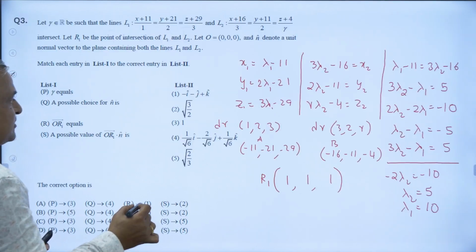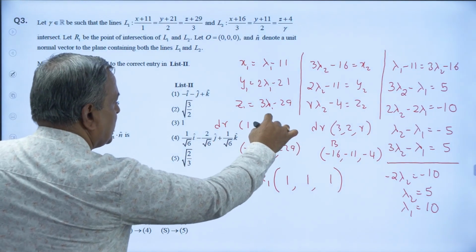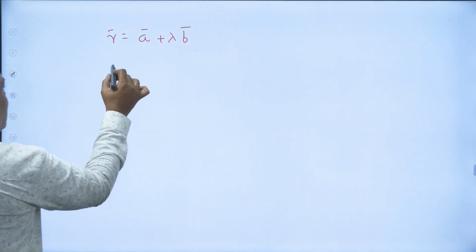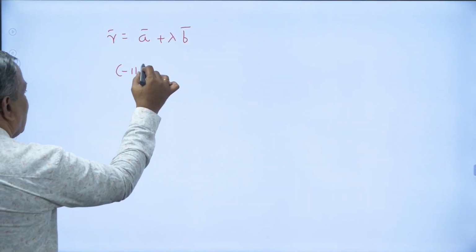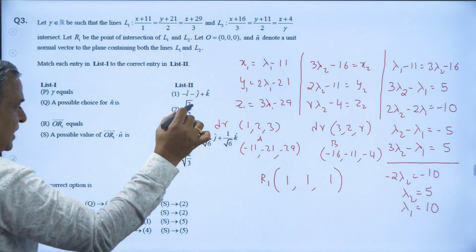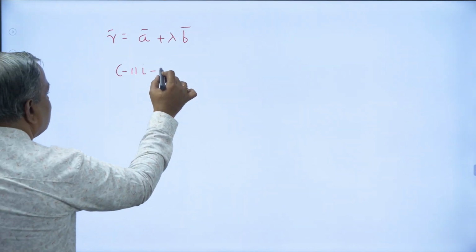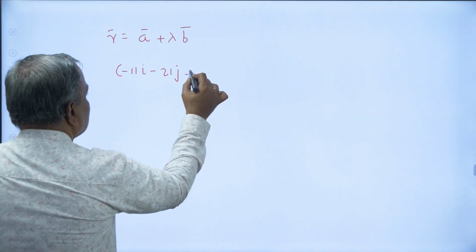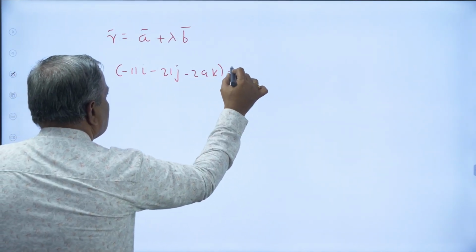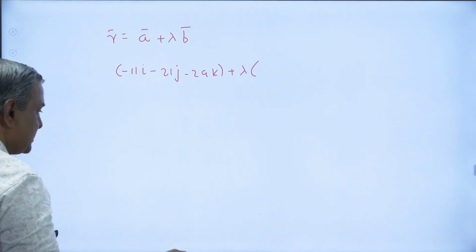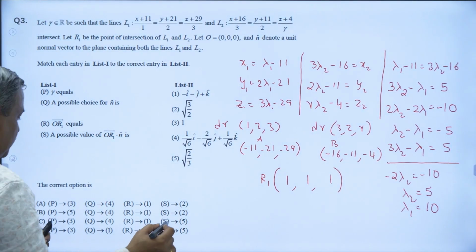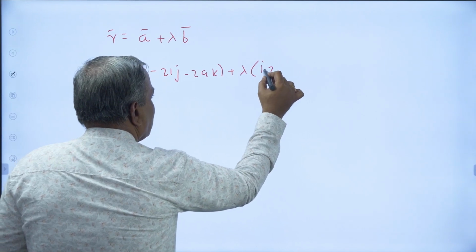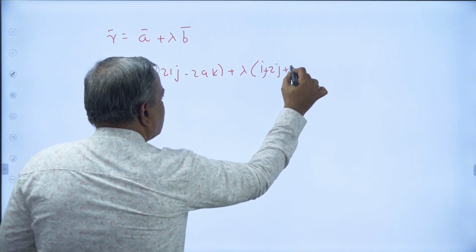According to that, that's the reason we wrote the points also: minus 11, minus 21, minus 29. So this is minus 11i, minus 21j, minus 29k, plus lambda times the DRs given to you, 1, 2, 3, that is i plus 2j plus 3k.